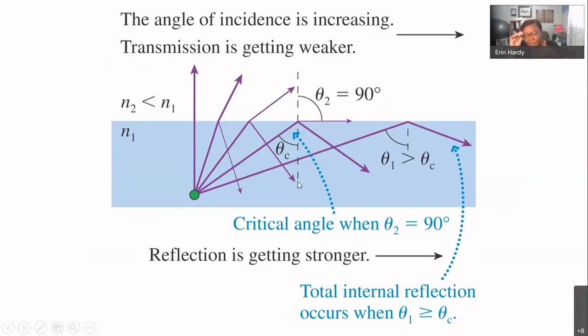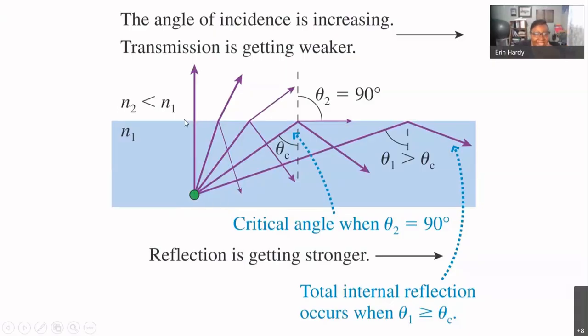This diagram shows all the points in between the case where all of the light is refracted and none of it is reflected, and then on the opposite side where none is refracted and all is reflected. Imagine you've got some object here that is in some material N1. It's shaded, so that's telling us that N2 is going to be less than N1.